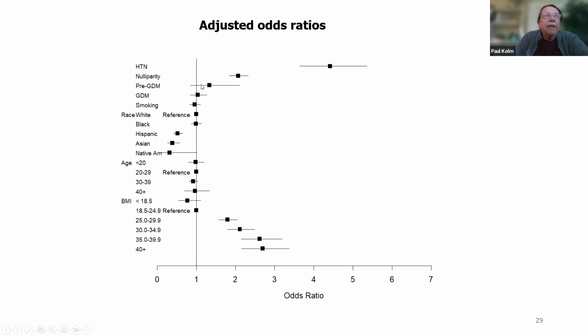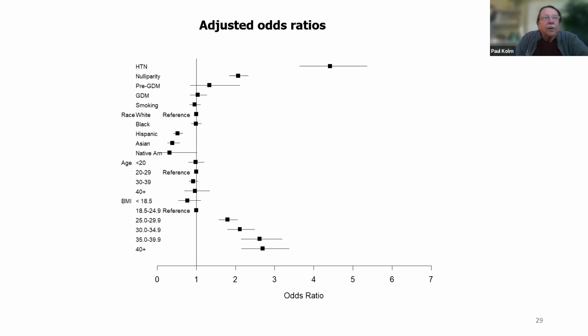And then this is diabetes, race. And then you can see here that for BMI, we have some difference as far as the odds ratios related to different BMI categories.